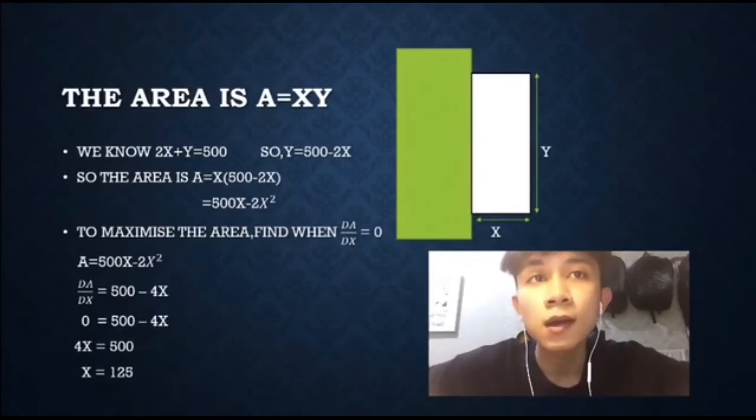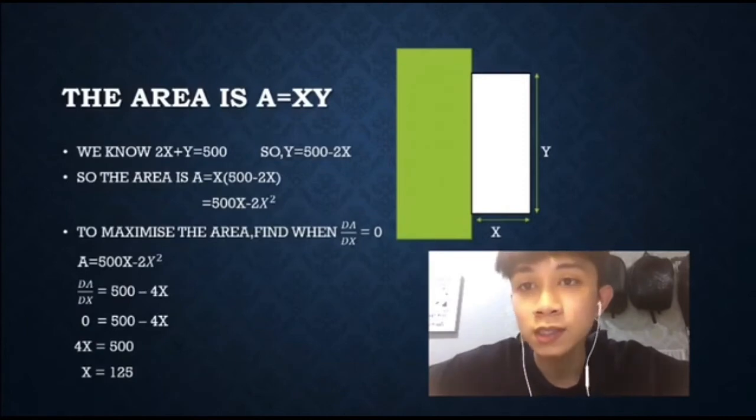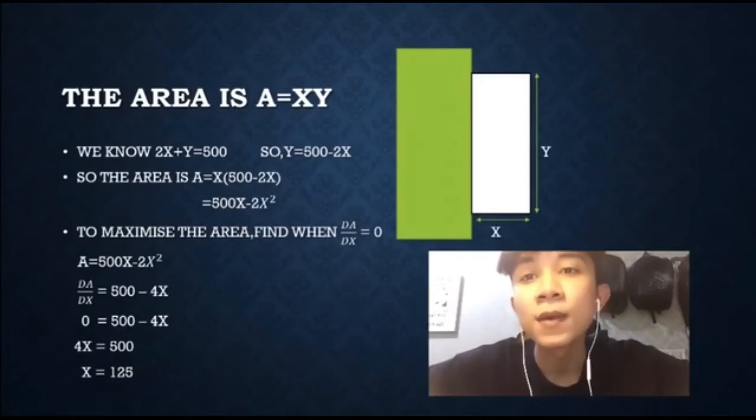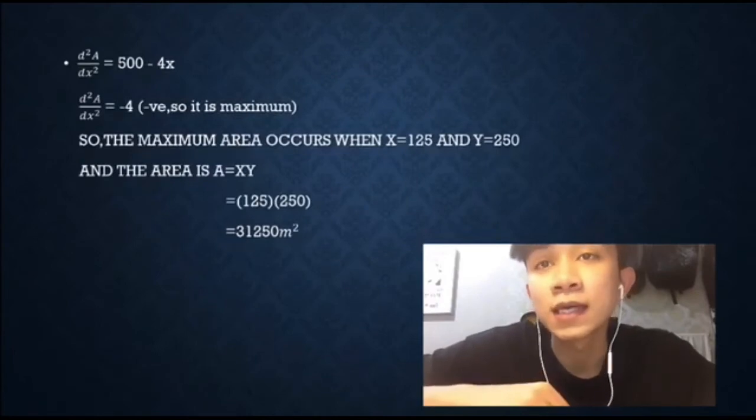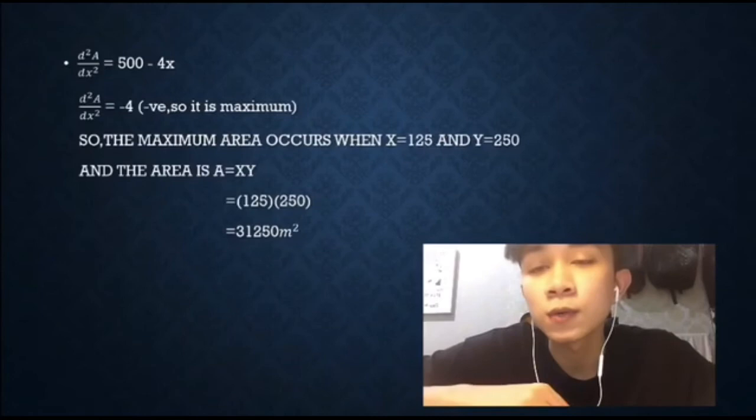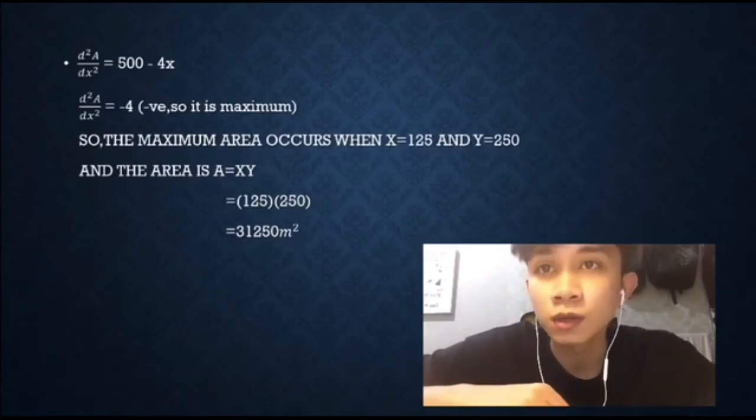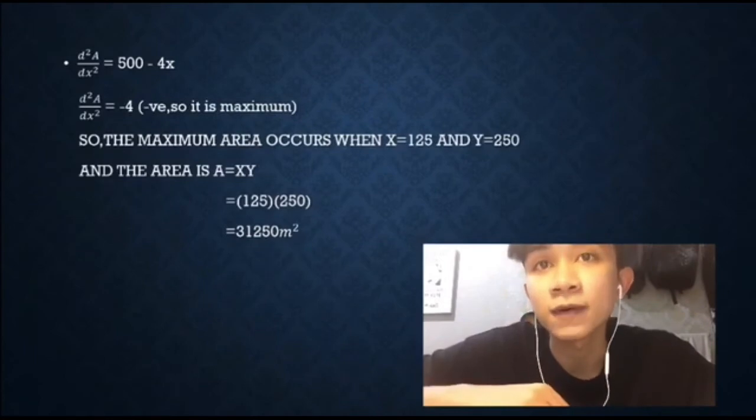To maximize the area, find when dA over dx equals 0. That means we differentiate 500x minus 2x squared and set dA over dx to 0, and we get x equals 125. To prove whether it is a maximum or not, we use the second derivative and we get negative 4. It is a maximum because the answer is negative.